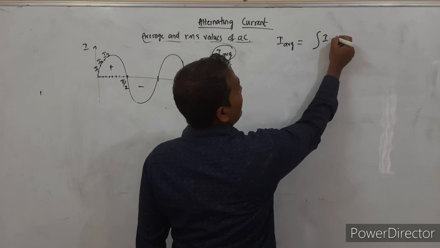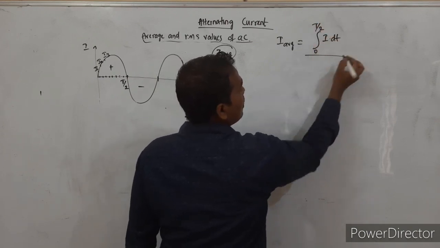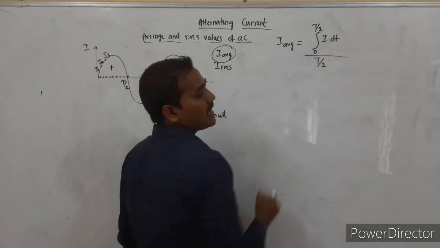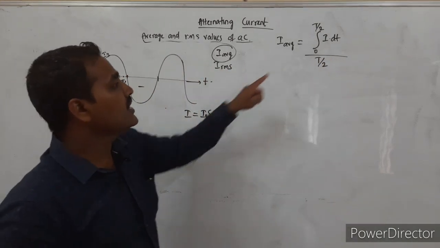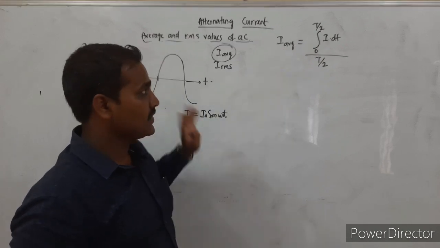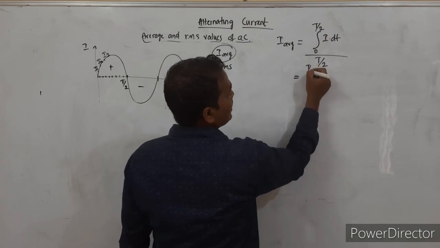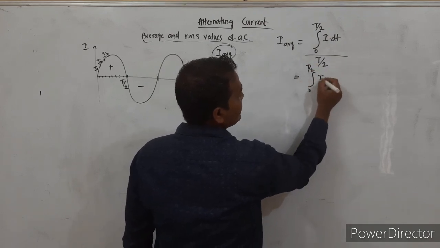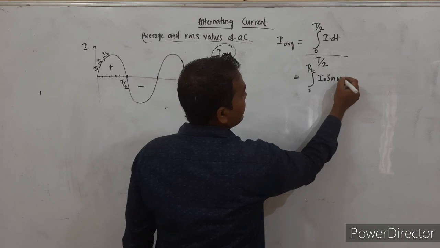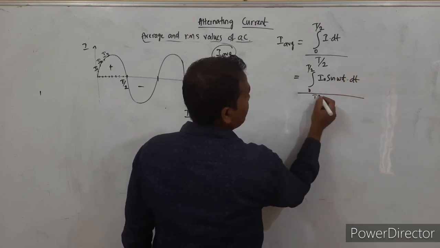So I can write it as integral of I dt between the limits of 0 to T by 2 whole divided by total time. Total time is how much? T by 2. This will give me the average value of instantaneous currents. Let us simplify this. I can write it as integration from 0 to T by 2 of I naught sin omega t with respect to t divided by T by 2.